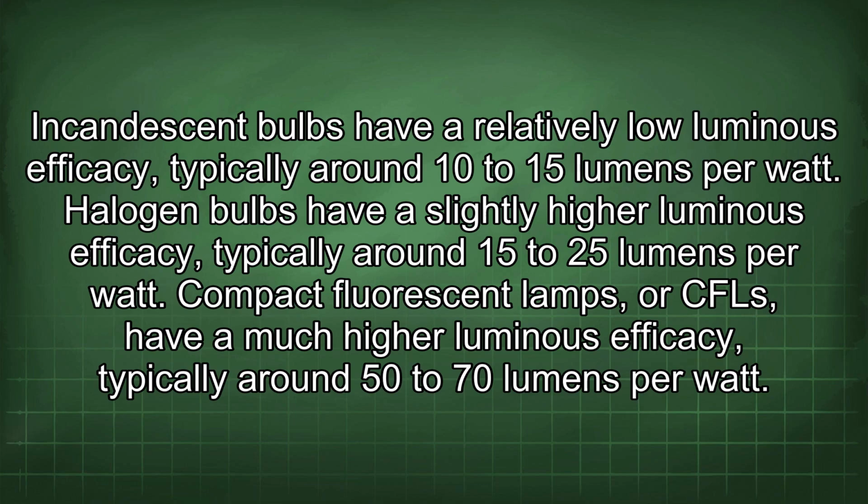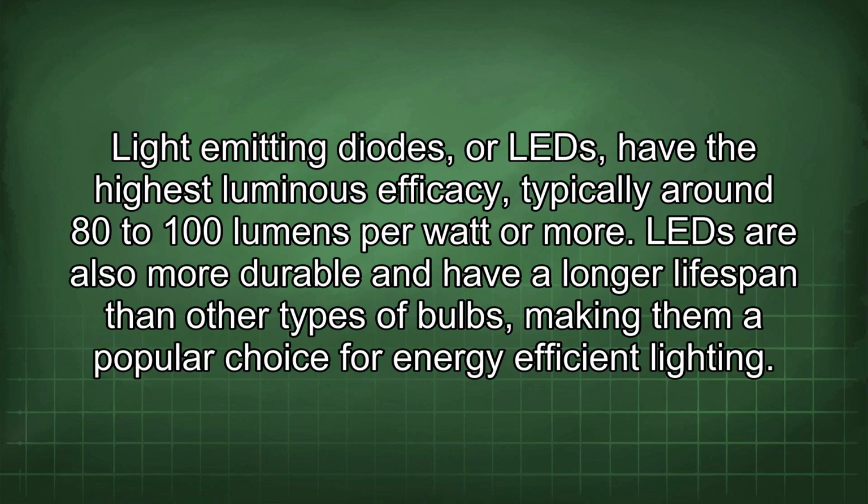Halogen bulbs have a slightly higher luminous efficacy, typically around 15 to 25 lumens per watt. Compact fluorescent lamps, or CFLs, have a much higher luminous efficacy, typically around 50 to 70 lumens per watt. Light-emitting diodes, or LEDs, have the highest luminous efficacy, typically around 80 to 100 lumens per watt or more.